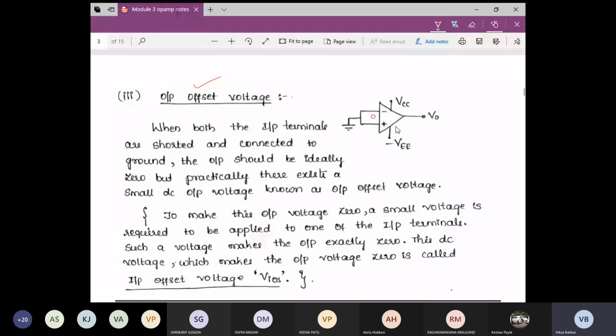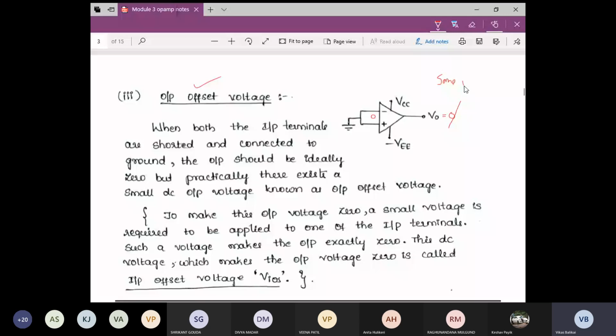Whatever the gain, when the input is 0, obviously the output should be 0. But if you connect this way in the laboratory and try to see the outputs by connecting the inputs to the ground, wherein you are making the input 0, you are not going to get output as 0. Output will be having some value.